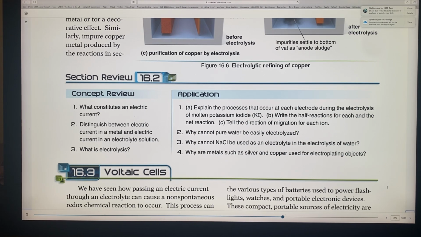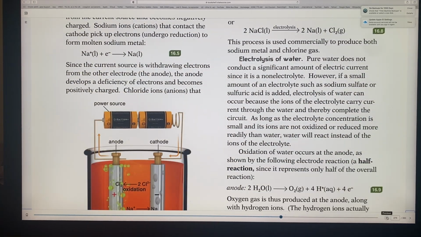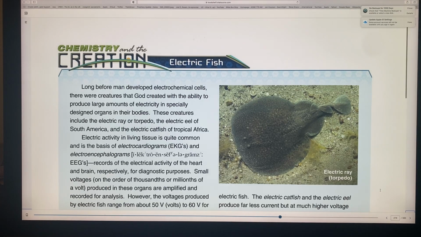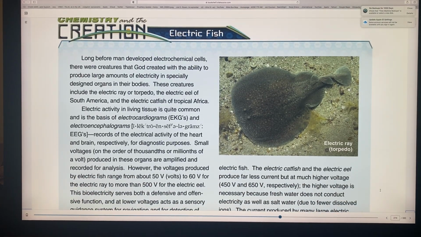Okay, so this last part I want to go over is just this little article that's written here. It made me smile, especially if you like fish and water, eels and electric eels and catfish. Anyway, so, electric fish. You see this?